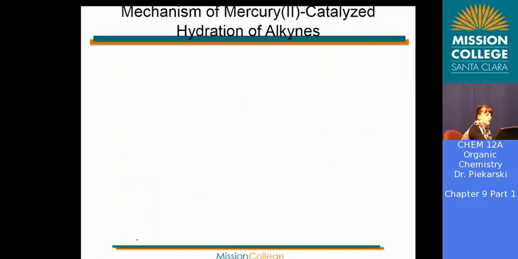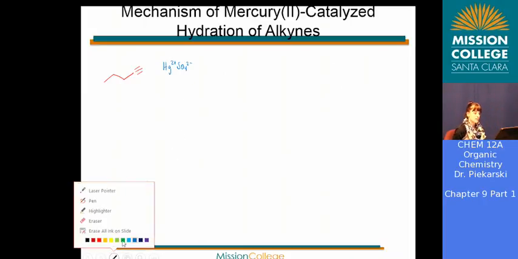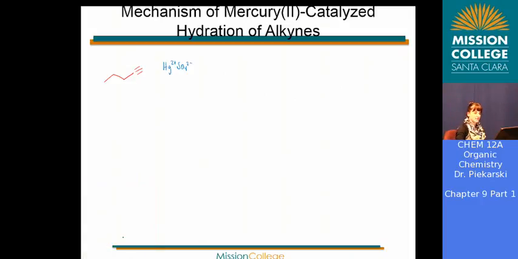So let's draw our triple bond. It's going to act as our nucleophile. That's why I'm initially drawing it in red. And we're going to react it with mercury 2 sulfate. And the triple bond is attracted to the mercury, right? So the triple bond's attracted to the mercury and wants to form a carbocation.